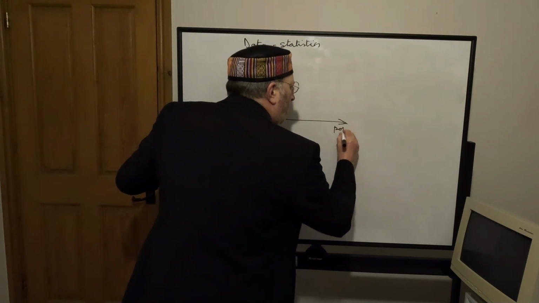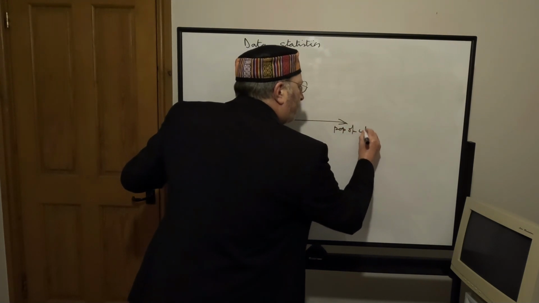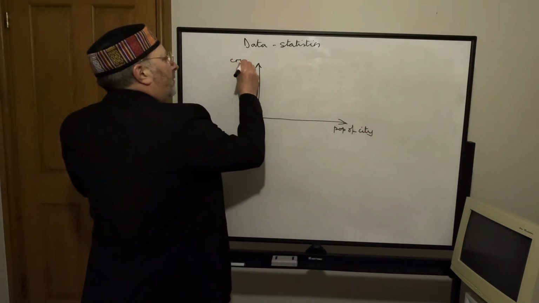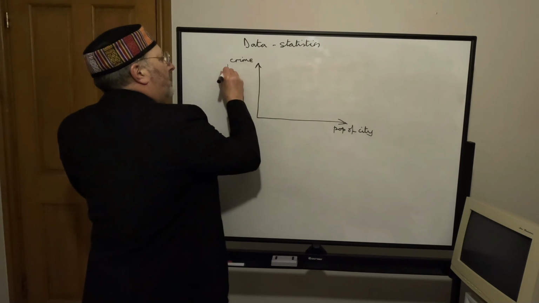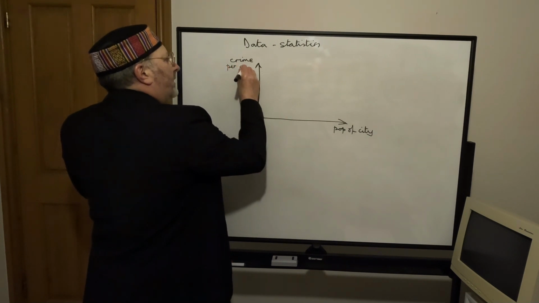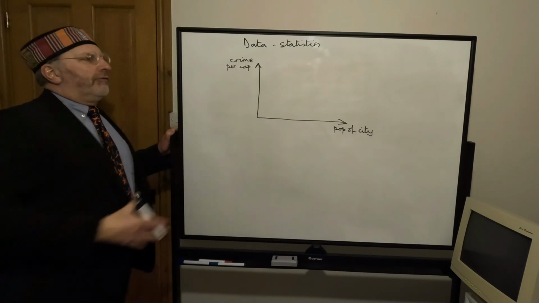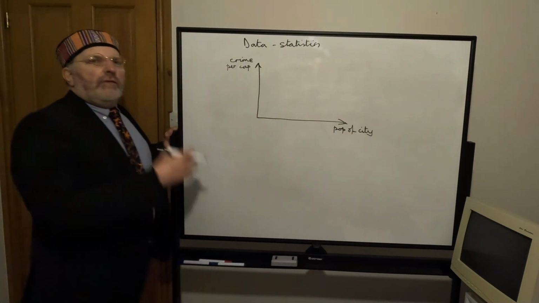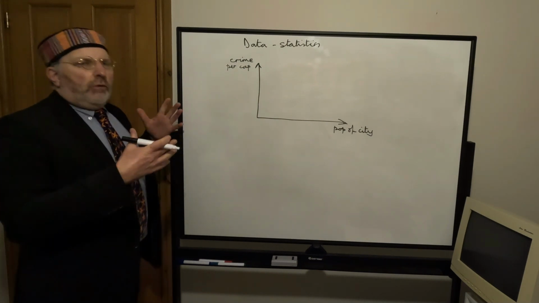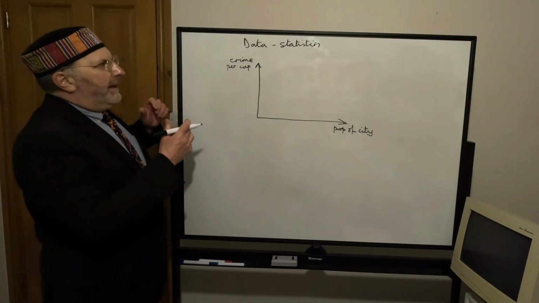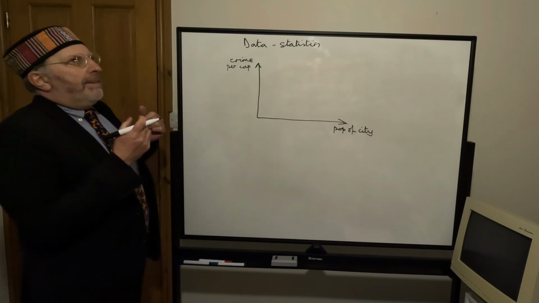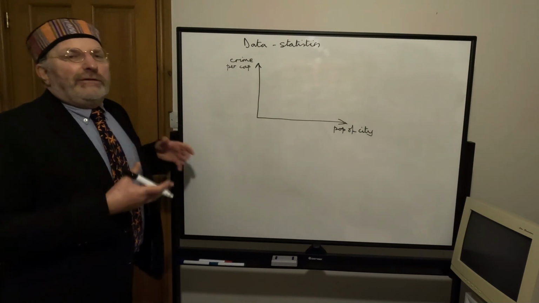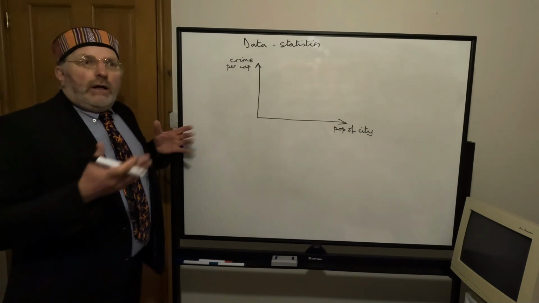So that's the population of the city, and this is the crime per capita, the amount of crime per person. Obviously, if we increase the size of the city, we're likely to get more crime just because there are more people. But what we're interested in here is, do individuals become more likely to commit crime in a larger city?